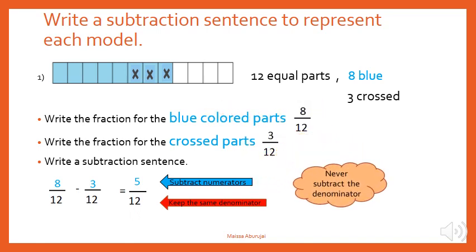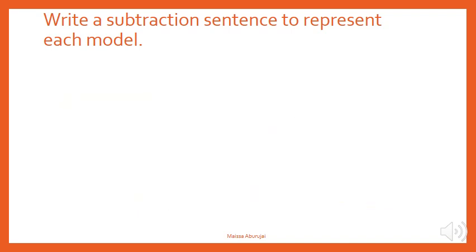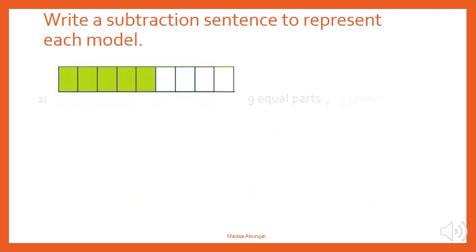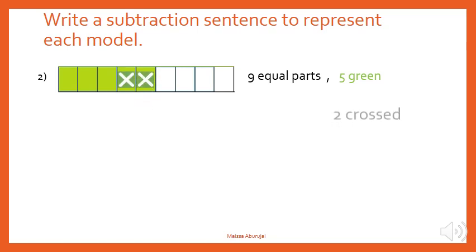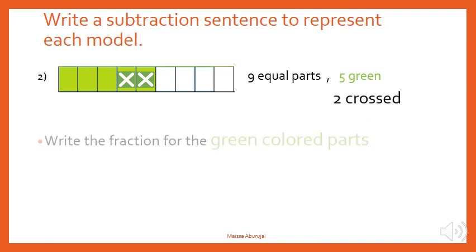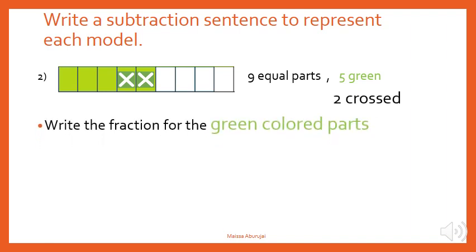Never subtract the denominator. Another example, number 2. You have here this strip divided into 9 equal parts. 5 parts are colored green and 2 parts are crossed. Write the fraction for the green colored parts. It's 5/9.